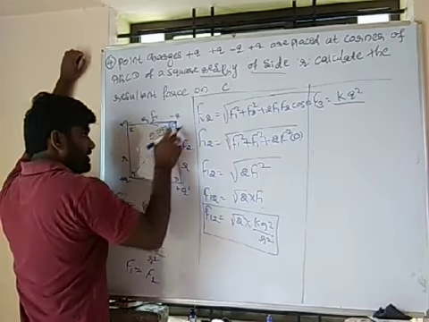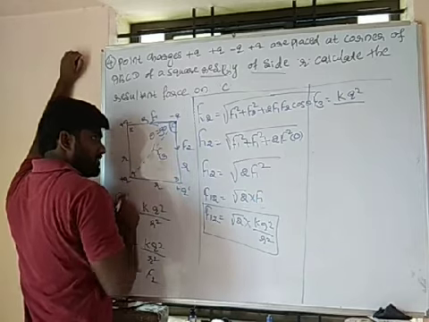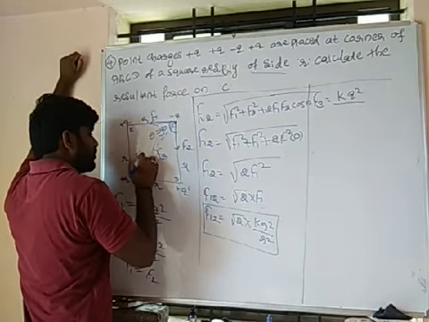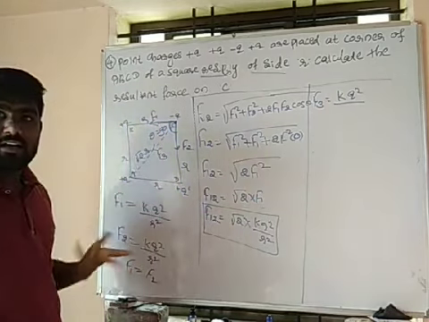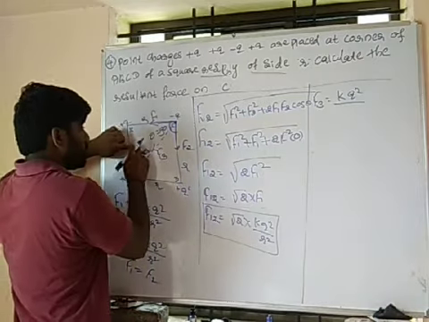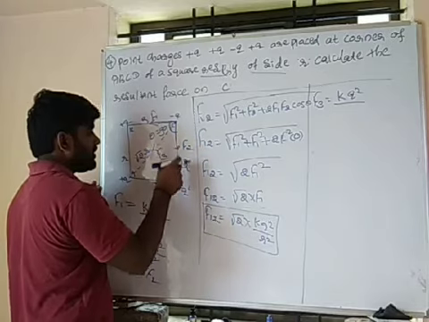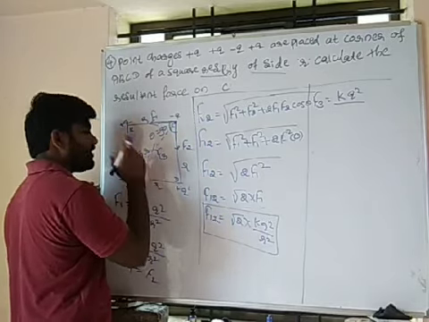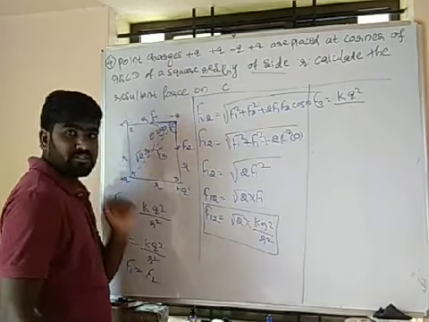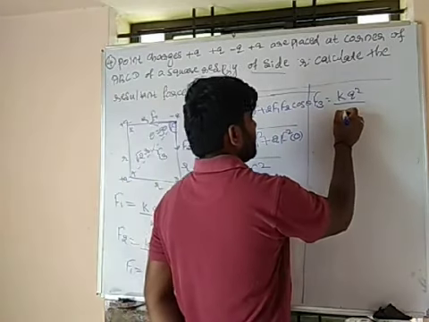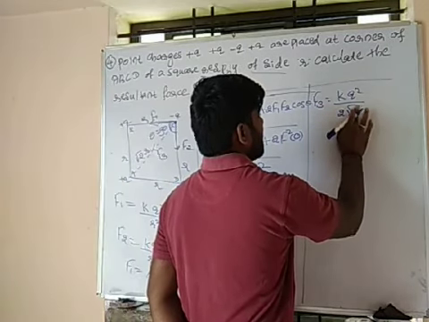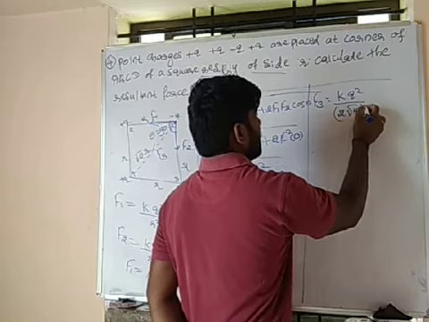If it is your diagonal, what is the diagonal of a square? It will be root 2 into R, or else R into root 2. Root 2 into the side of the square I want to take here. Diagonal of the square must be taken as root 2 times R, it's a square.